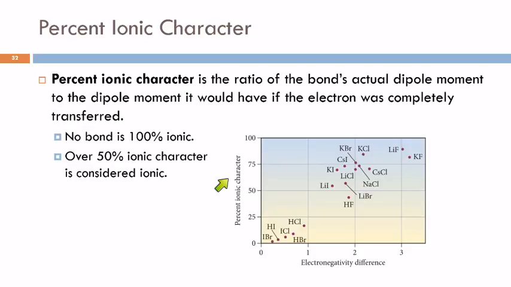So if you graph this, percent ionic character versus electronegativity difference, we see these clusters. And look at the elements here. These are all nonmetals, right? And they all fall below this 50%. In fact, they're below 25% ionic character. Up here in this cluster, what are most of these? They're metal-nonmetal compounds, right?